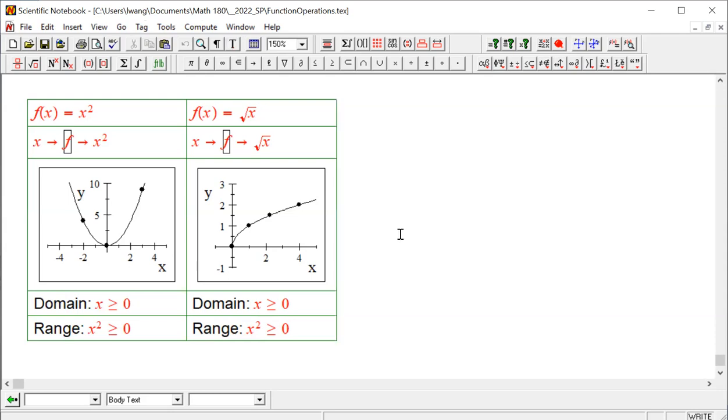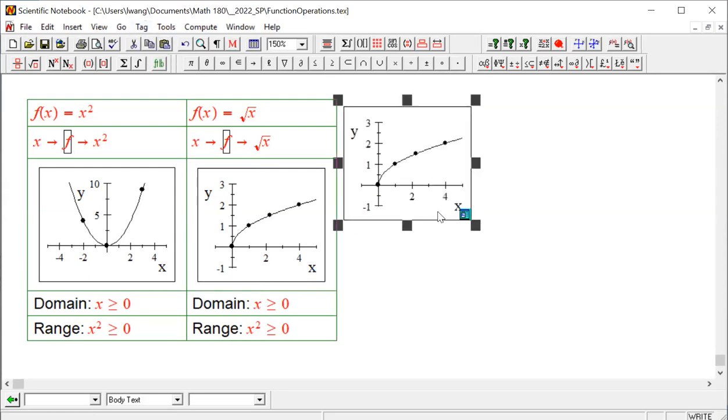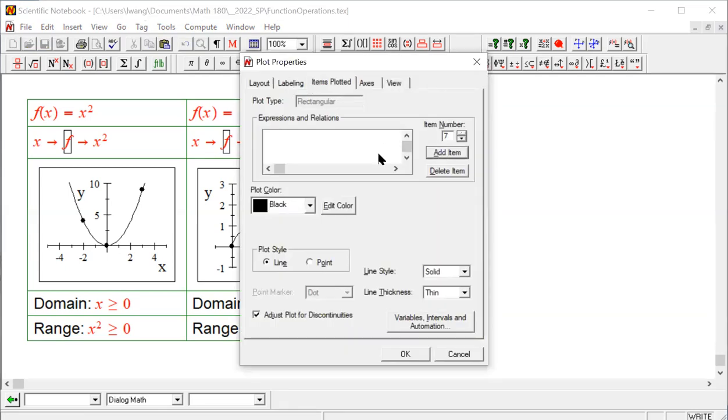So what do we have? This function, its inverse is x squared, the red one.